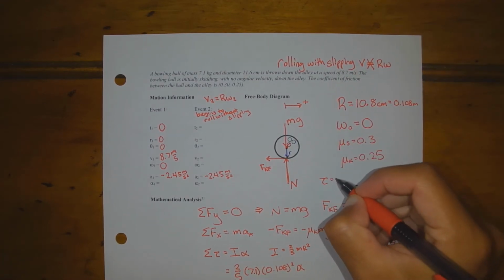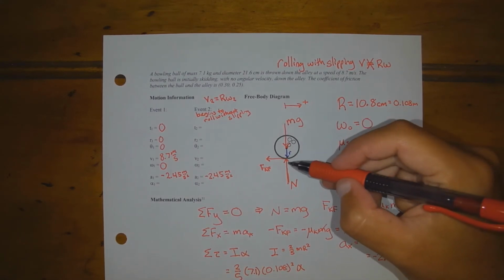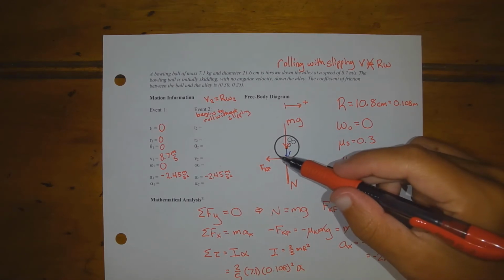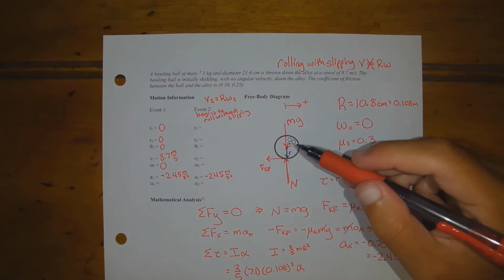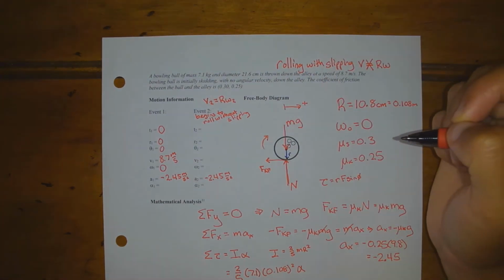Remember, the torque is equal to r times F times sine of the angle, so the normal force does not cause rotation. That leaves us just with the force of kinetic friction, which causes rotation in this direction.